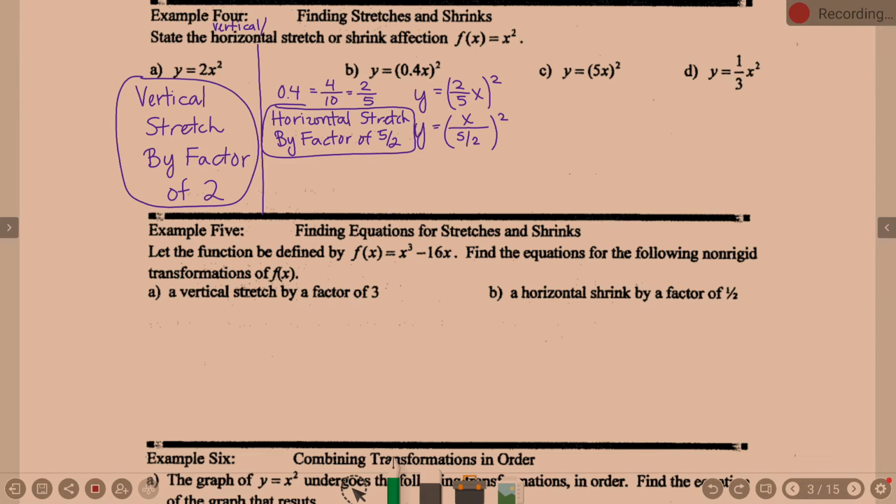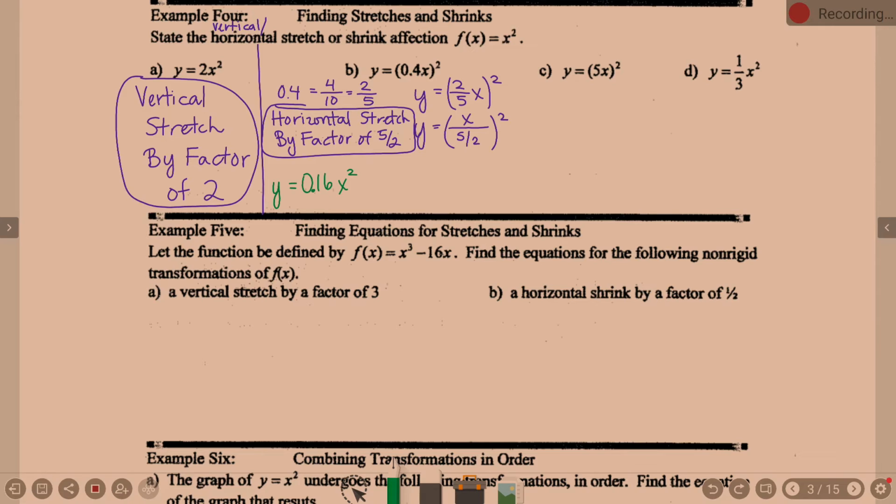Decimal in the wrong place, but right idea. 4/10 squared is 16/100 x squared. Good job. Remember, a 0.4 times a 0.4, there have to be two decimal places when you get done.